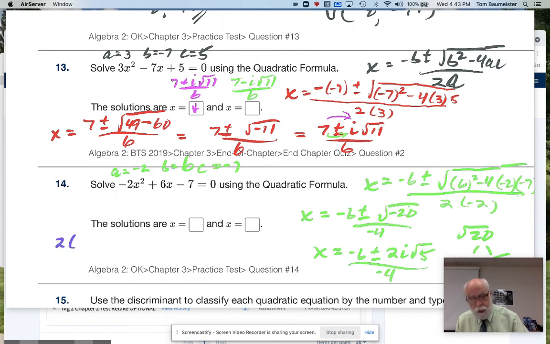And then I'll have negative 3 plus or minus i root 5. And on the bottom, again, I'll have 2 times negative 2. Well, the 2's are going to cancel now. So the top path will give us negative 3 plus i root 5 over negative 2.